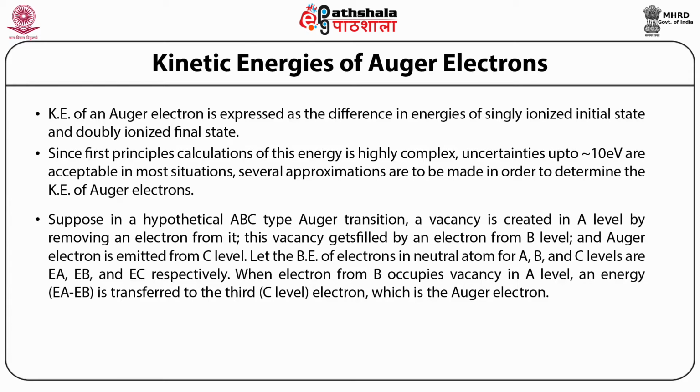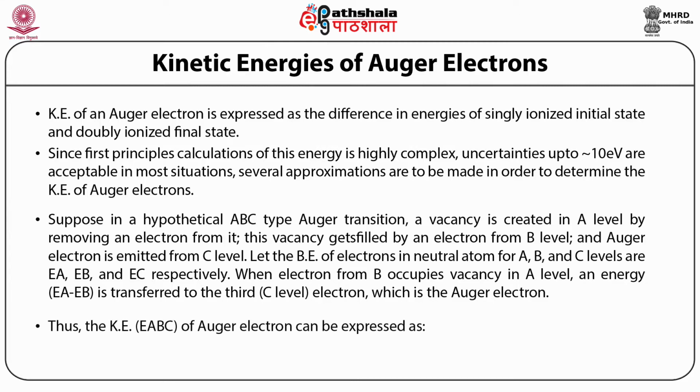Let the binding energies of the electrons in the neutral atom for the A, B, and C levels be Ea, Eb, and Ec respectively. When an electron from the B level occupies the vacancy in the A level, an energy, that is Ea minus Eb, is transferred to the third, C level electron, which is the Auger electron.